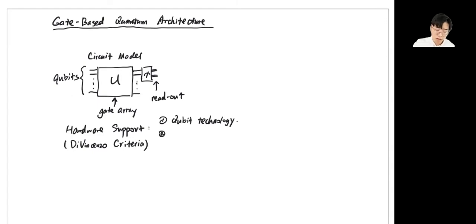Second, the hardware must be able to initialize the qubits in some well-defined state. We call that process state preparation. So the first criterion is the well-defined qubit, and the second criterion is a well-defined and realizable initial state.